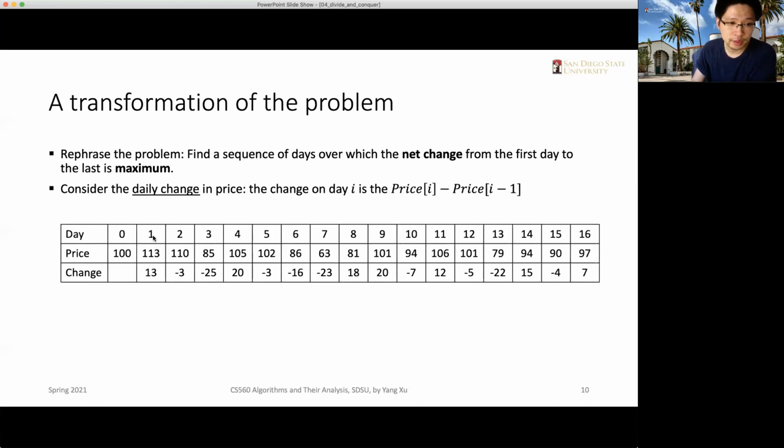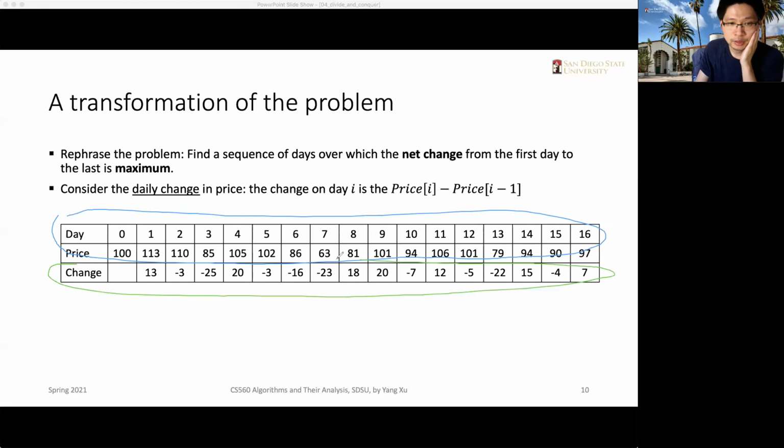So again, use this example. The first two rows are the same as the previous slide. It's just the price table. And we will add a new row called the change row, which records the amount of change from the current day to yesterday. So on day one, the net change is 13.